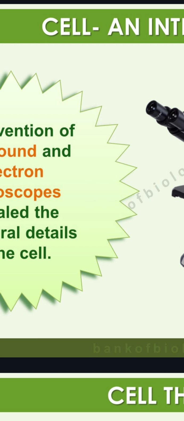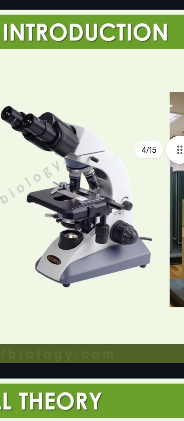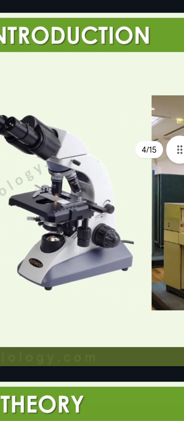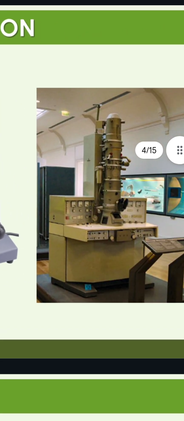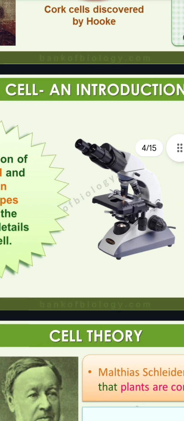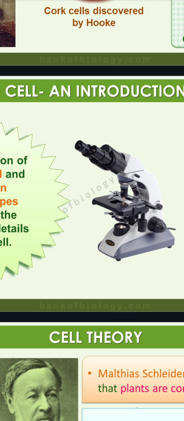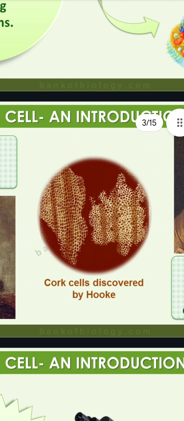But later on, new types of microscopes were invented. The electron microscopes, the compound microscopes, different microscopes were invented, which could zoom even more into the structure. So for example, now I'm able to zoom only this much. I can't zoom to the end and see what components the cell is made up of.